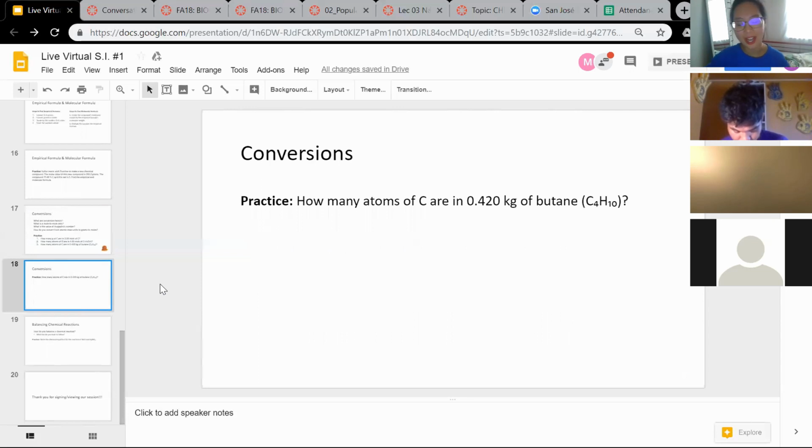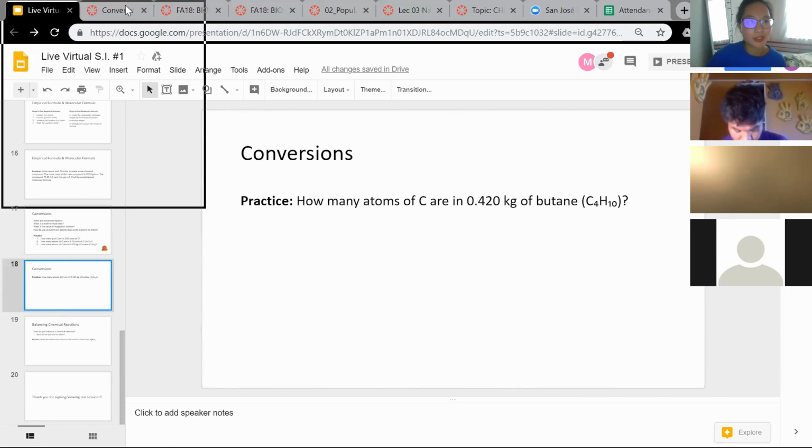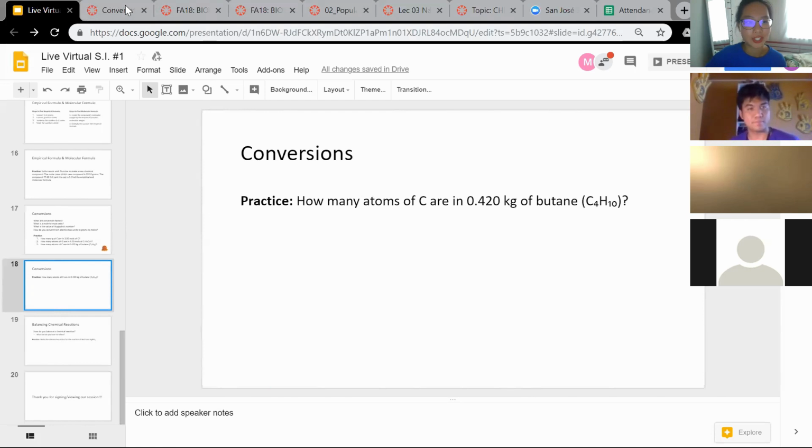Alrighty, so how many atoms of carbon are in 0.420 kilograms of butane? And the formula for butane is right there. How do we start this problem? When you're given a conversions problem, you always want to start with what you have.